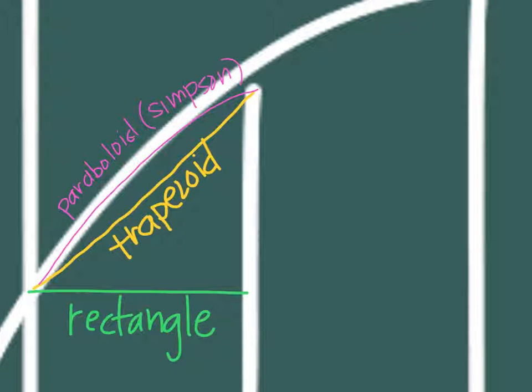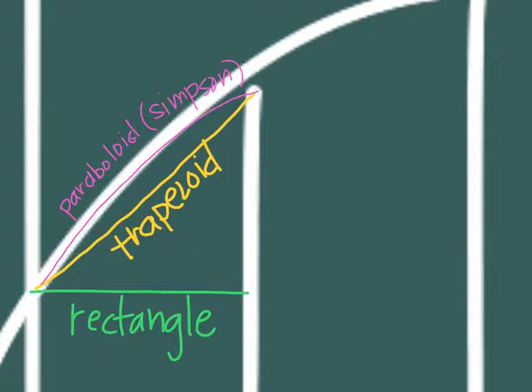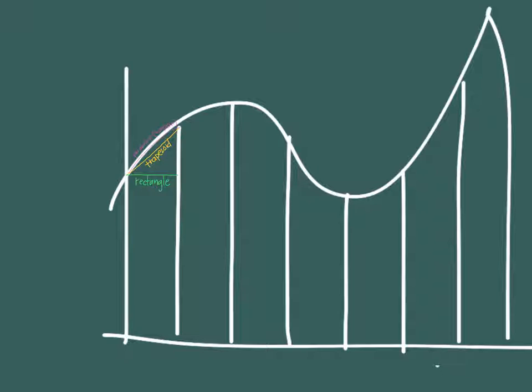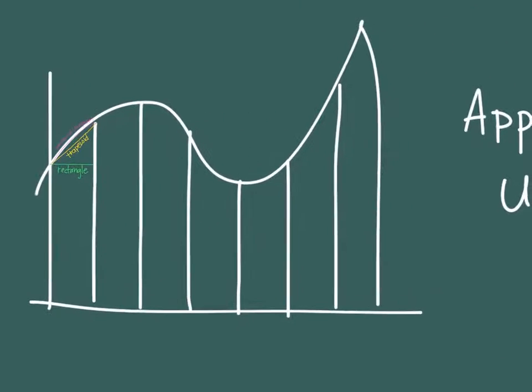Simpson's method still had a tiny bit of error to it, but it was pretty darn close. It wasn't until Leibniz came up with the use of calculus that they were able to eliminate error altogether. So you started simple with rectangles, moved on to trapezoids, and then parabolas. Each time, the error decreased and the accuracy increased.